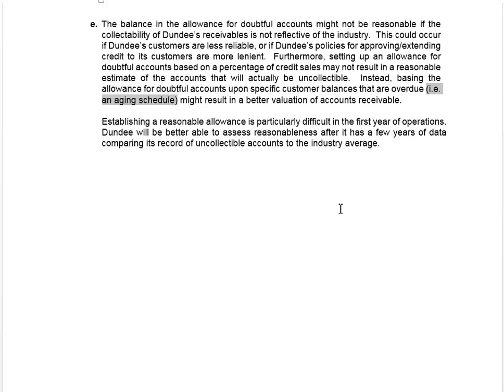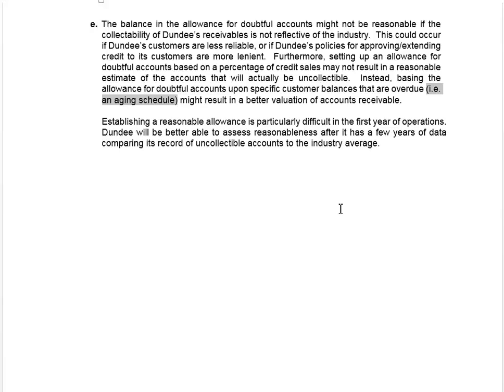So the reason why I highlight this is because we may find some companies use the percentage of credit sales during the year, maybe to set up their allowance account, or to adjust it at the end of a quarter or the end of every 6 months based on credit sales for that period of time. Because don't forget, credit sales are for a period of time. That's an income statement or statement of earnings account, right? So that's just what happens within the year.